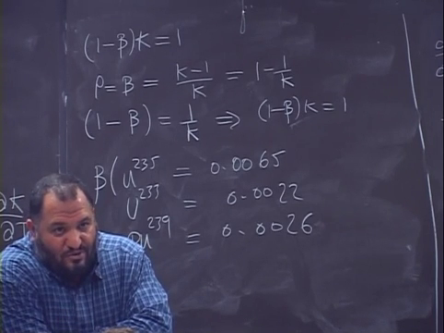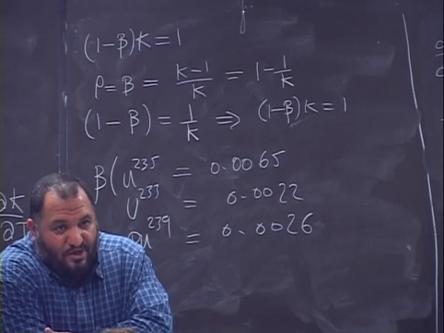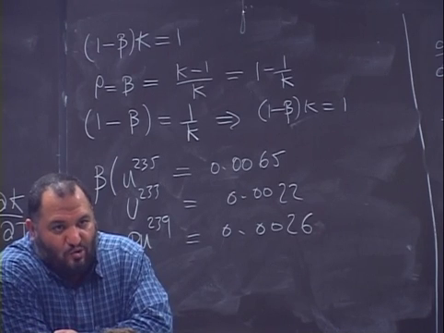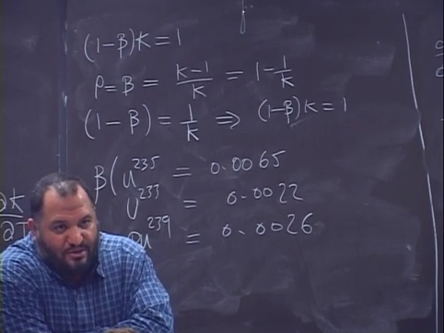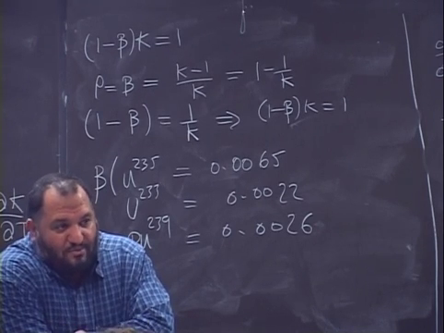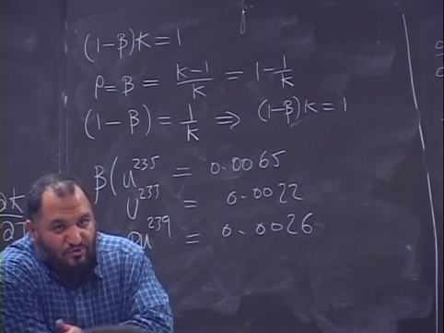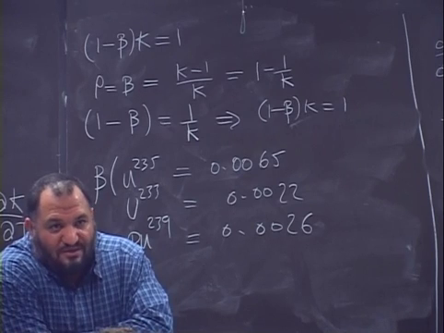So if you work with plutonium or uranium-233, if you just by mistake reach 0.0022 or 0.0026, you are prompt critical. While this is not prompt critical in the case of uranium-235. You need to reach up to 0.0065.